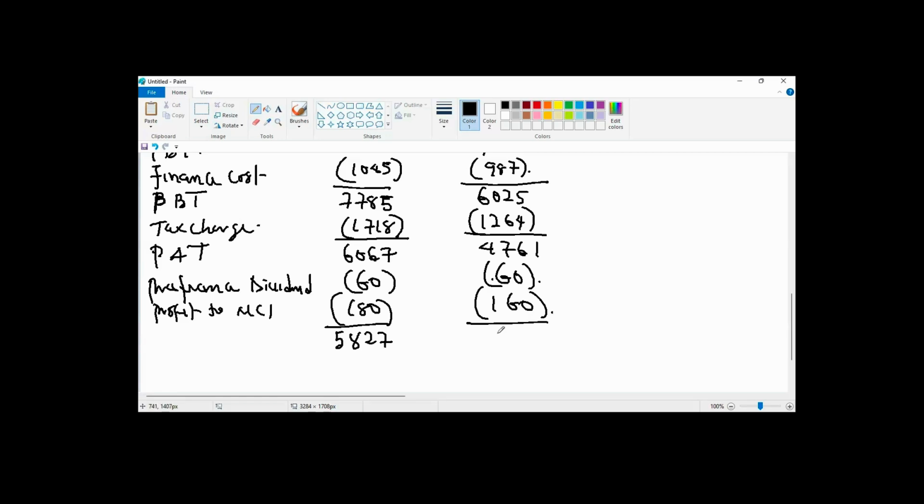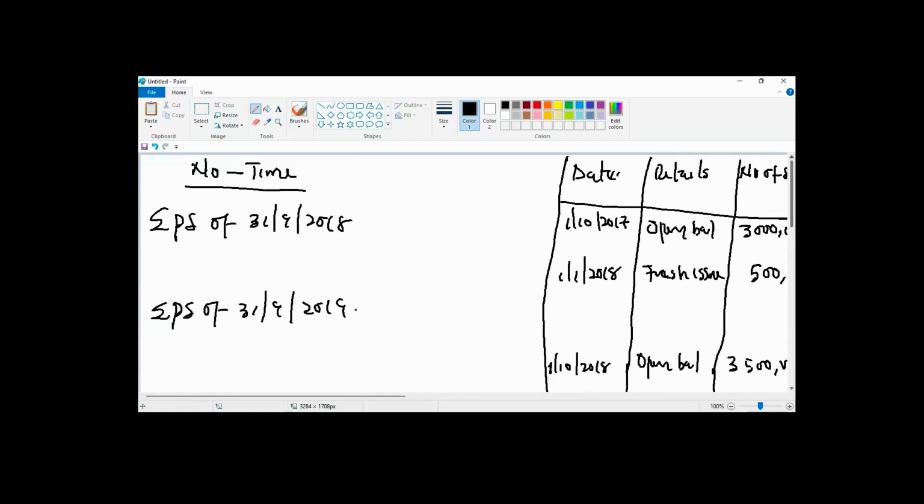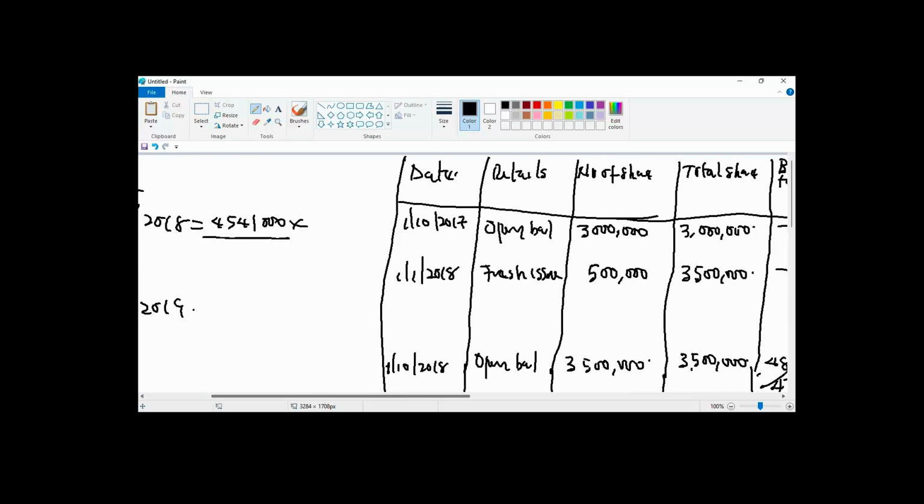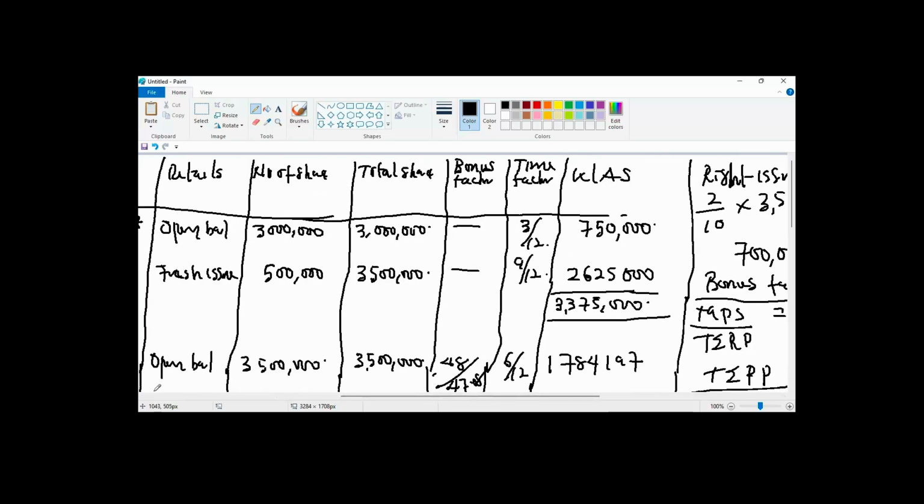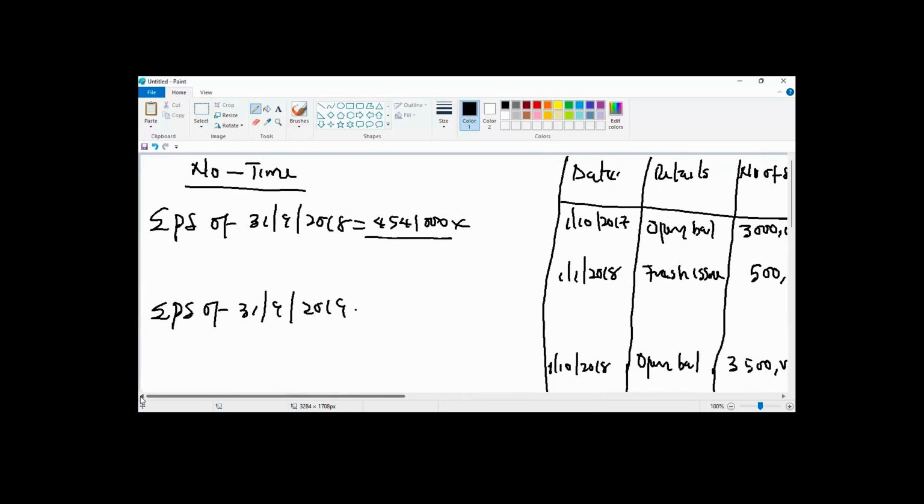4541. That's all. I will now go and put 4541 divided by the weighted average, 3375, times 100.